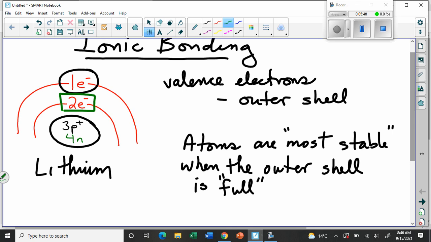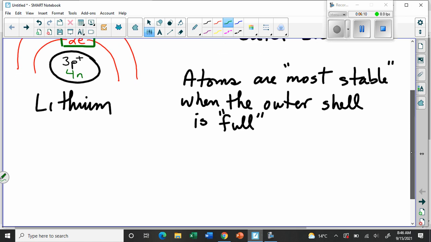So getting rid of electrons is one way to do it, or getting more electrons is another way to do it. And so essentially, one of the things that atoms can do to become more stable and form a bond is to find another atom and either give or take electrons from each other. And so that's really the whole point of ionic bonding. Ionic bonding is all about the giving and taking.